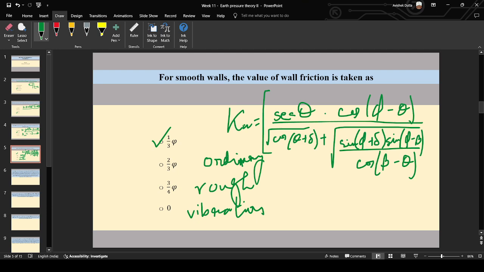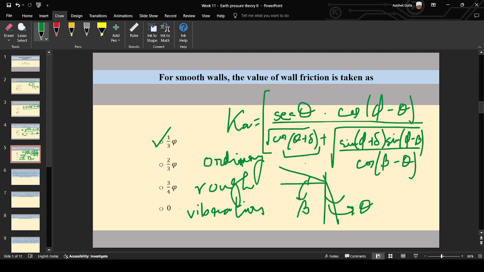If this is Ka, the coefficient of active earth pressure, theta is the angle made by the back of the retaining wall with the vertical, and beta is the backfill angle made by the soil. Phi is the angle of internal friction. Now the value of theta is very small and the value of del is also very small.